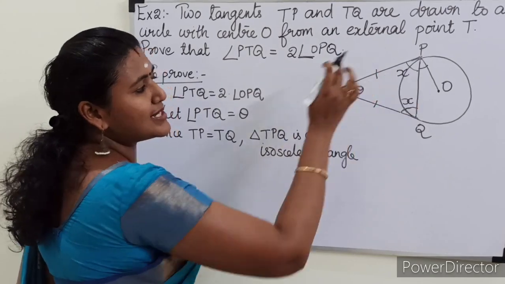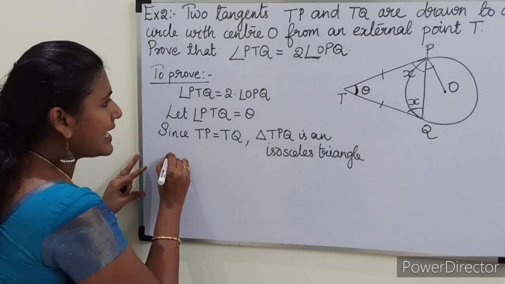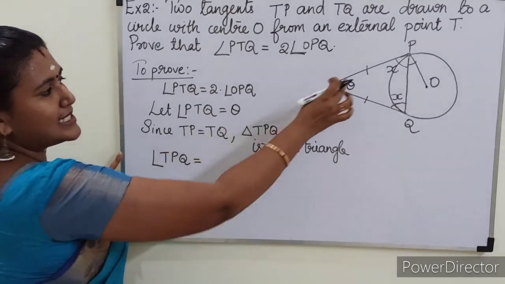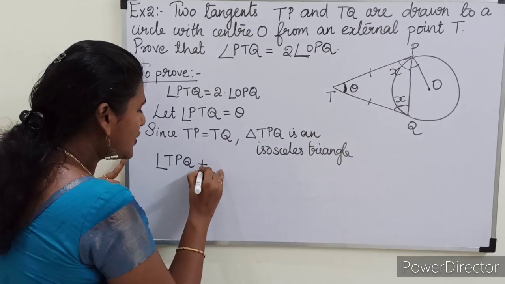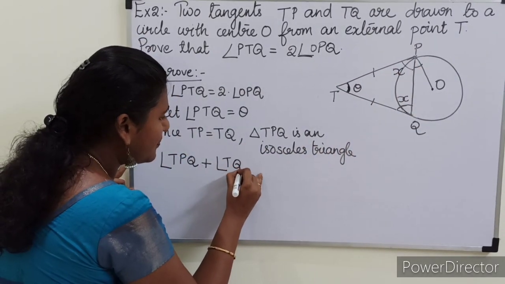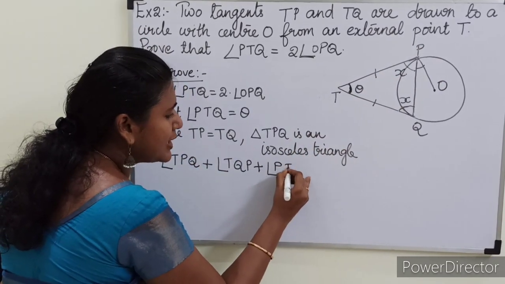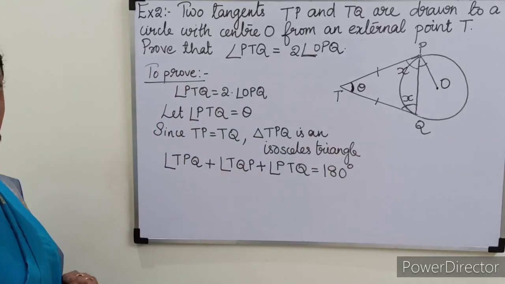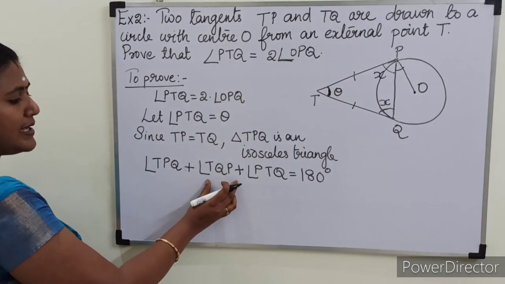Now we will find out what is angle TPQ. We will take the sum of all the three angles as 180 degrees. So angle TPQ plus angle TQP plus angle PTQ is 180 degrees. Now we have assumed TPQ and TQP as x.